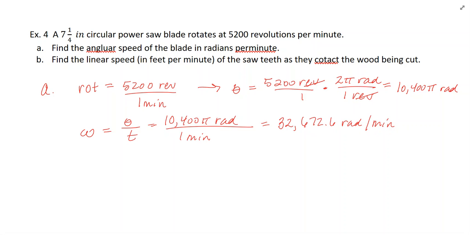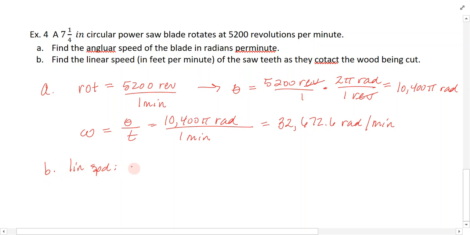So the second part of this question says, I want to now know what the linear speed is in feet per minute. So velocity is equal to r omega, right? Because I already know what r is. It was given to me in the diameter. And I just found angular speed w, so I can just use that r omega formula.